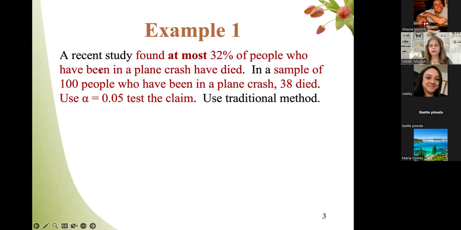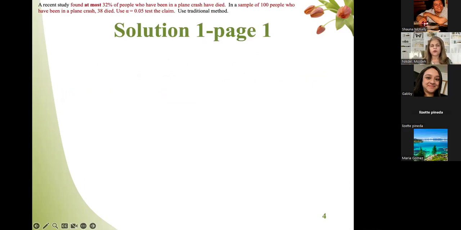And what is your parameter? Since we are dealing with a percentage related to people, the parameter is proportion, and your p is 32%. Let me move this bar a little bit. So the parameter is proportion p.